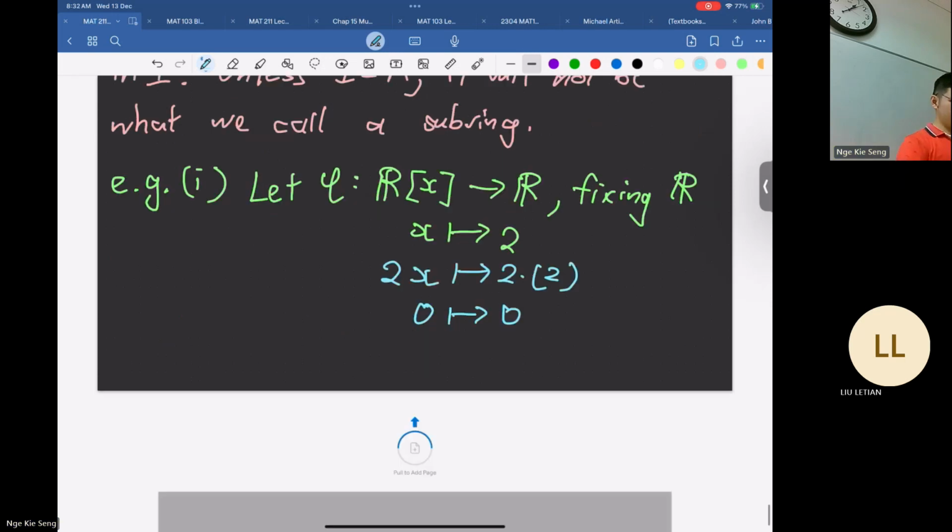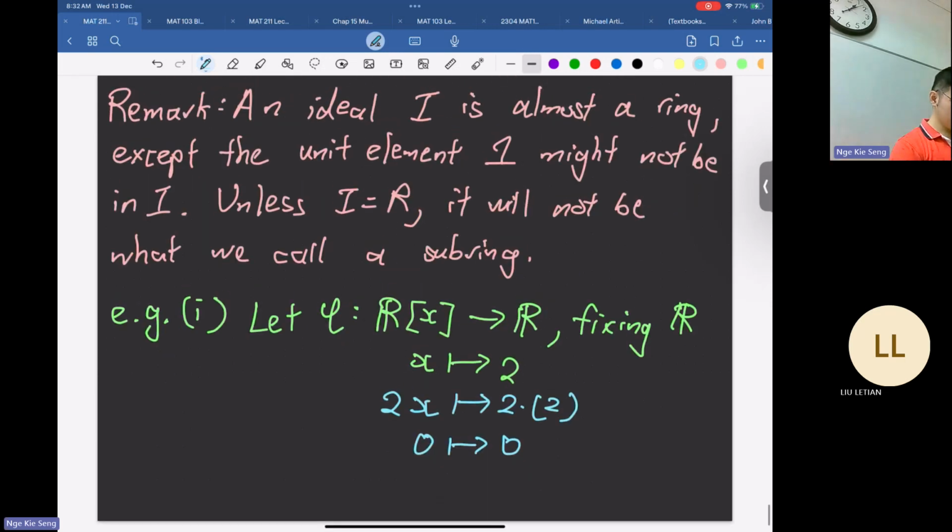Constant functions all get sent to themselves, because I fix the coefficient R. Which element gets sent to 0 here?